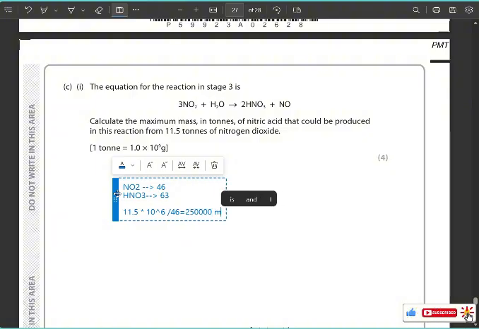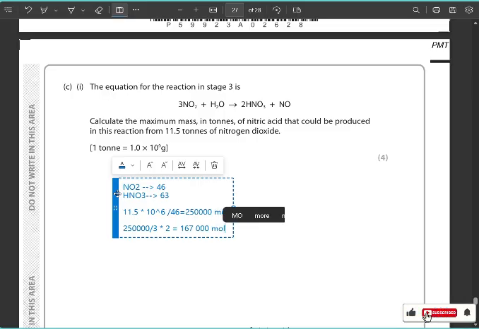And there are 250,000 moles. For finding the mass of the nitric acid, we should divide the moles of nitrogen dioxide by 3 and multiply by 2, the mole ratio of nitric acid, and the answer is 167,000 moles.